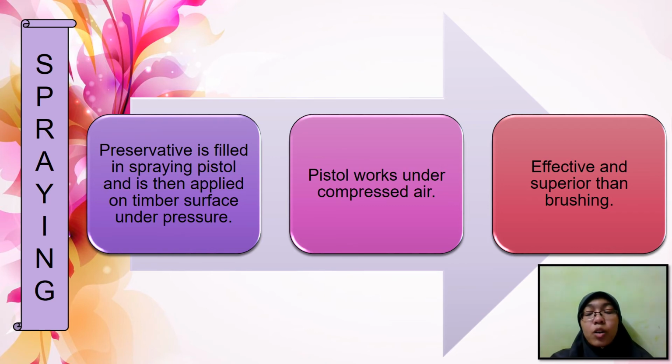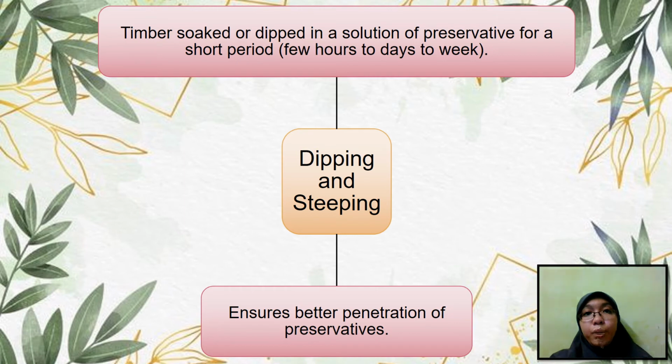Pistol works under compressed air, effective and superior than brushing. Meanwhile, dipping and stepping, timber soaked or dipped in a solution of preservative for a short period, few hours to day or 2 weeks. Ensure better penetration of preservative.